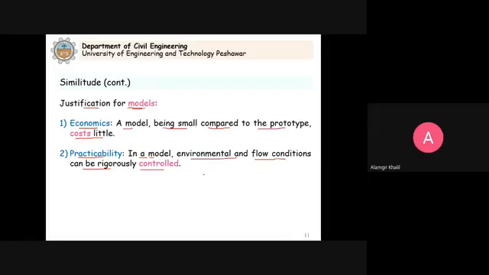So you can see in the model, the practicability is more as compared to the prototype conditions. There, how can you have control over the flow conditions, very difficult. So that's why in a model you can subject it to a very vast variety of flow conditions and then evaluate the performance. So that's why this area of model testing has become very important in different areas of engineering.